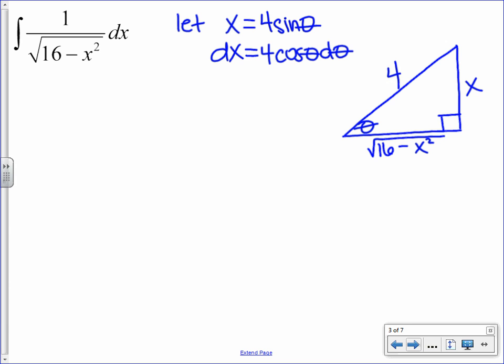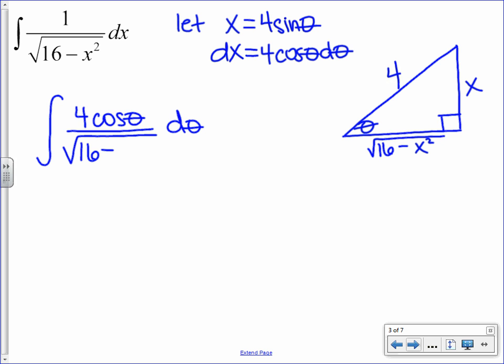So now, what we have is the integral. dx becomes 4 cosine theta d theta. And we have the square root of 16 minus x squared. Now, after doing a few of these, you're going to be able to figure out what this is going to be, right?